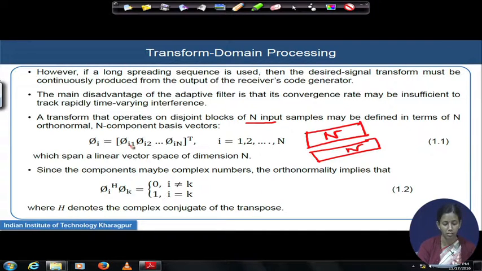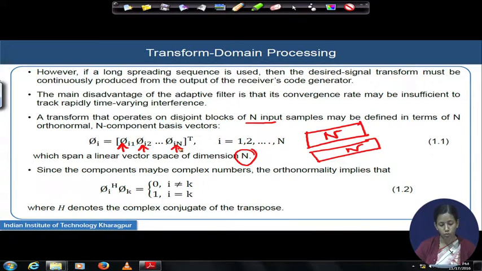The components of those orthonormal basis vectors are given in equation 1.1. This vector spans a linear space of dimension capital N, and each component of this vector may be a complex quantity.